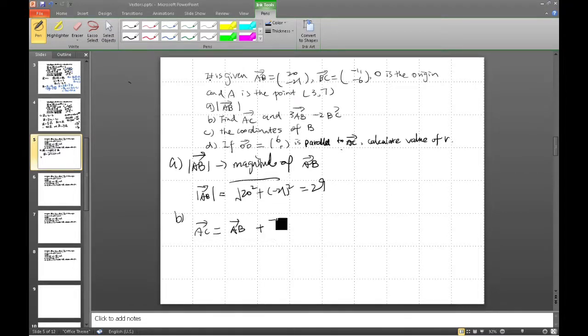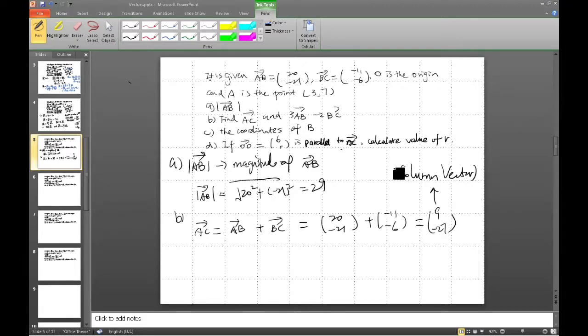So part B, we are asked to find AC. We can form a vector AC, which is actually AB plus BC. Therefore we take the column vectors accordingly, and we should get a column vector of 9 and minus 27. And this is called a column vector.